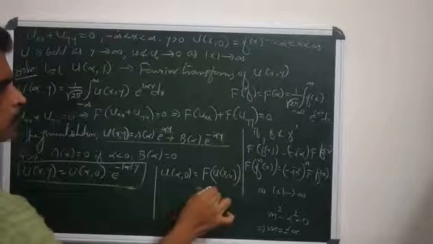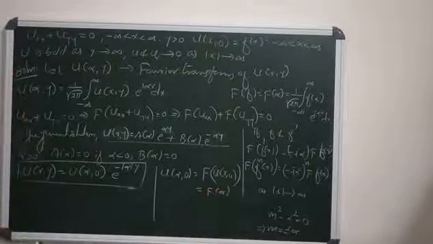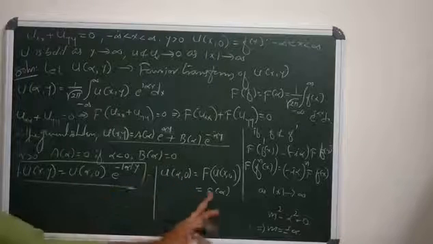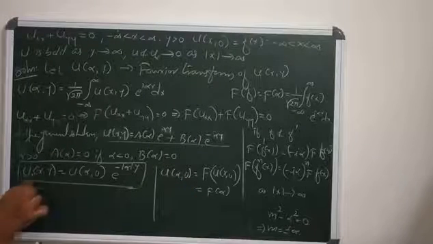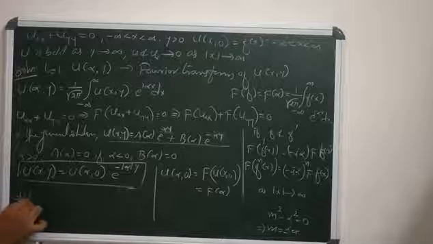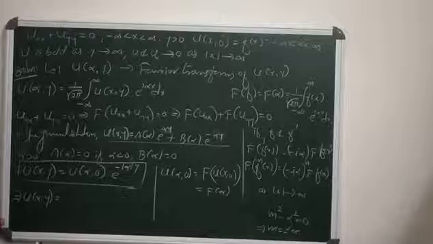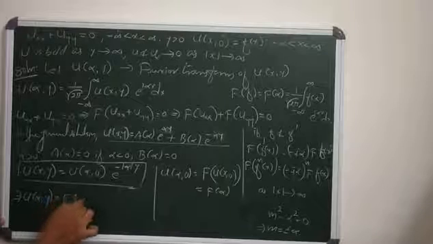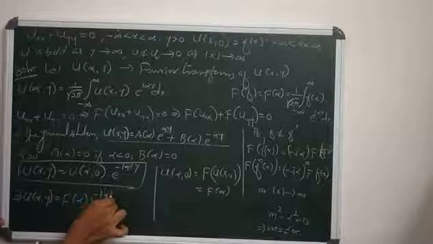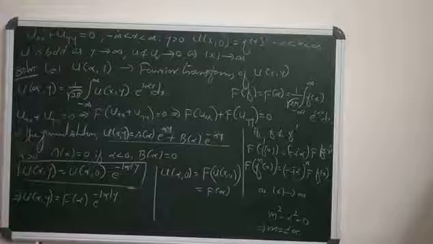So u alpha 0 equals F of alpha. Therefore, what is u of alpha y? This implies u of alpha y equals capital F of alpha into e power minus mod alpha y.